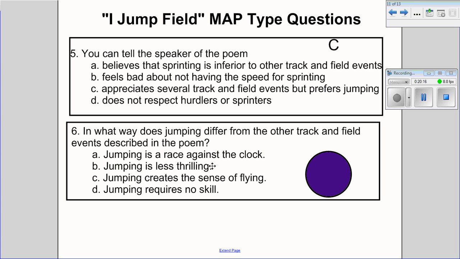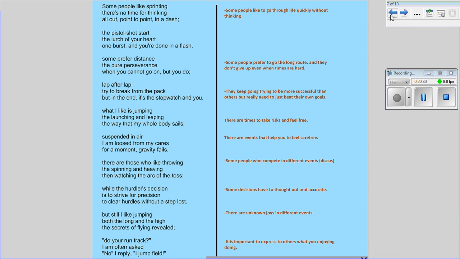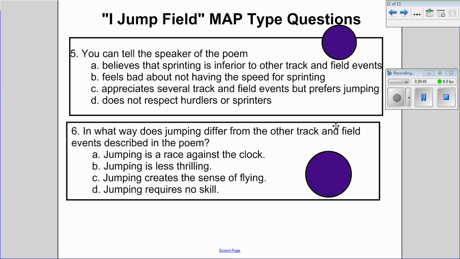That's really a personal opinion, and from the events that are described in the poem, according to our narrator, jumping is very thrilling. But the narrator does say that jumping creates a sense of flying. And if I go back to the poem, here she says, in these stanzas, the way my body sails, suspended in air, I am loose from my cares. That shows us that jumping creates that sense of flying.